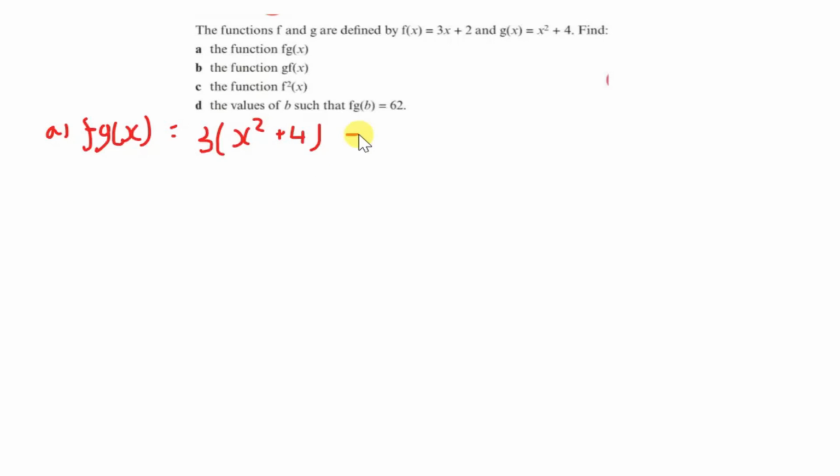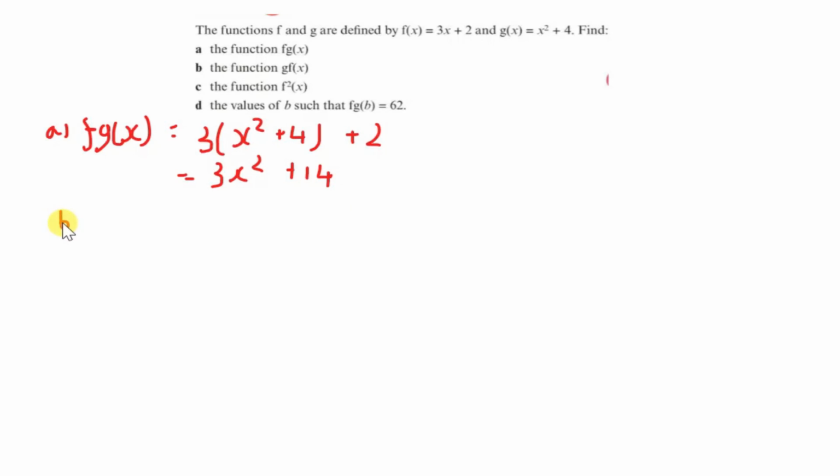And then we add the 2 at the end. So now if we expand that, we've got 3x squared, 3 times 4 is 12, add the 2 is 14. Okay, so that's part A.